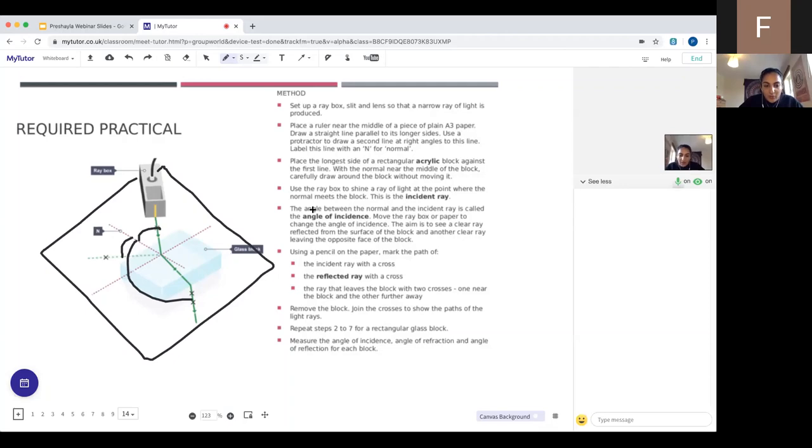So the glass block really is just there as a pathway to see the light ray being either reflected or refracted. It's the material, the medium, that we're testing on. Okay, so hopefully that makes sense.